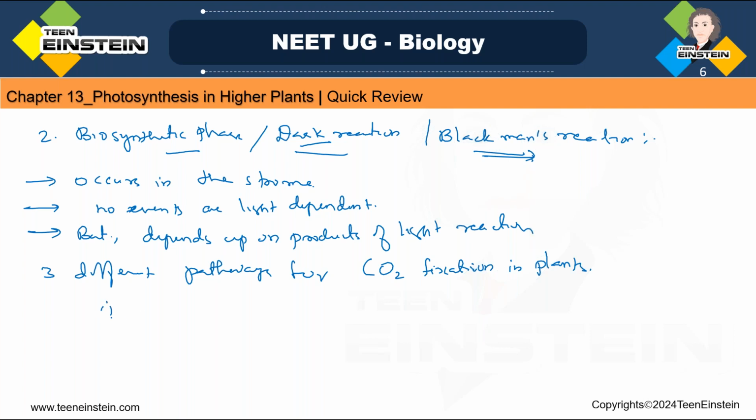First one is the C3 pathway, or Calvin cycle. Second one is the C4 pathway, or Hatch-Slack cycle.